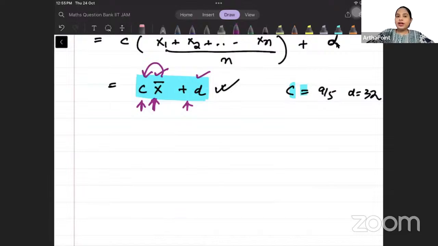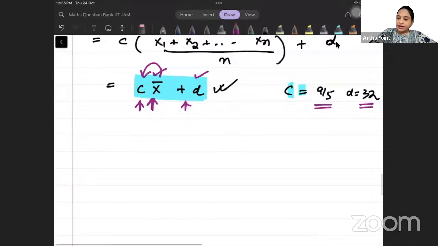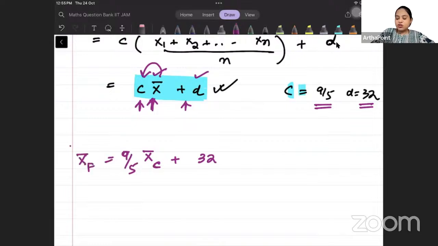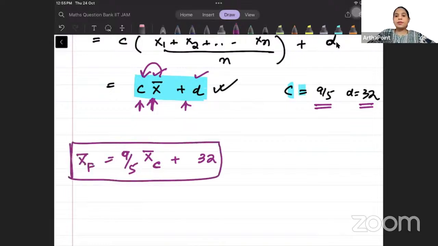If my conversion is 9 by 5 and 32, and suppose my X bar is the temperature in centigrade, I multiply it with 9 by 5 and add 32 to it, I will get my average temperature in Fahrenheit. So that conversion is simply change of scale and origin.